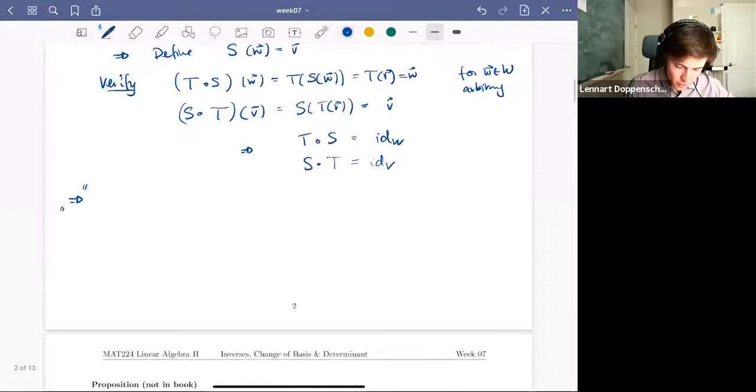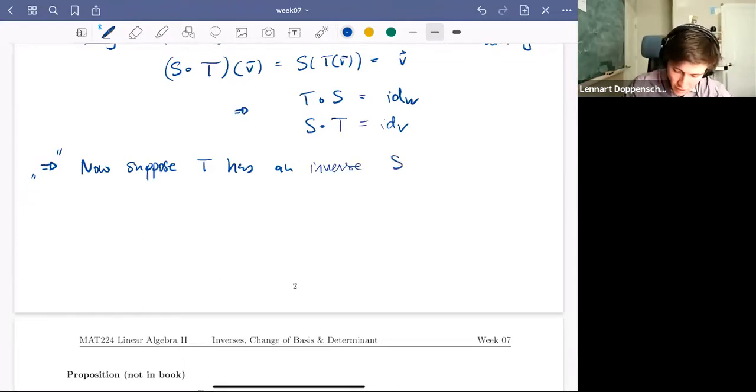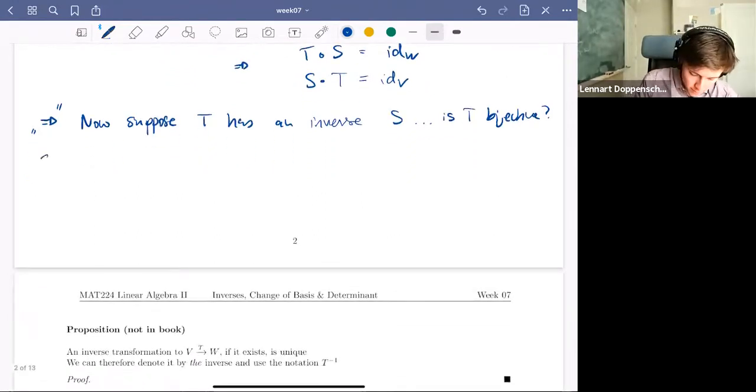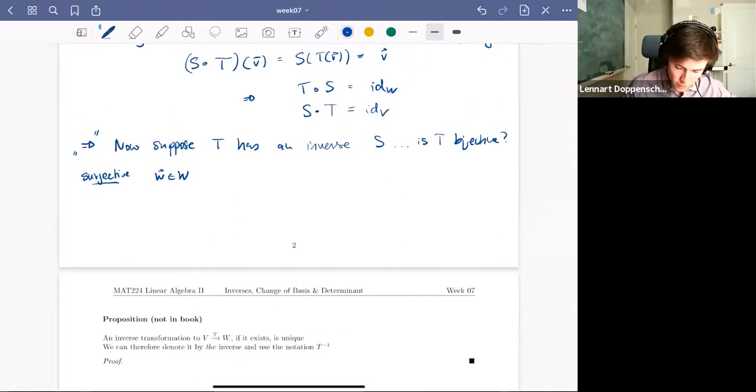Okay, so now we suppose T has an inverse S. Is T bijective? This just means we need to check whether it's surjective and injective. So if you pick any element in the target space, then we just apply S to it.